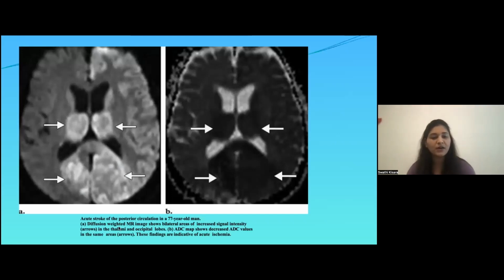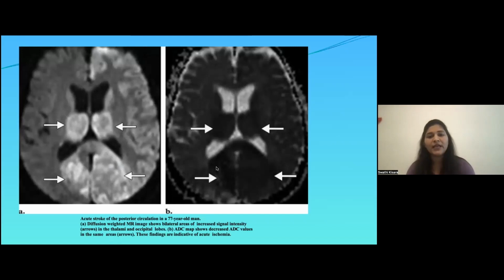So these are the axial diffusion weighted and ADC maps of a 77-year-old man who presented with acute stroke. On the diffusion weighted images, we can see there is hyperintensity in bilateral thalami and also in the occipital lobes.